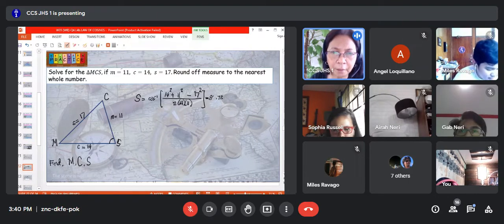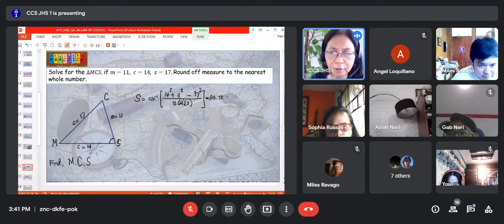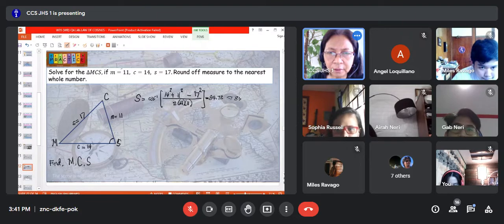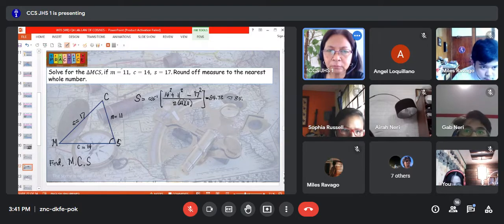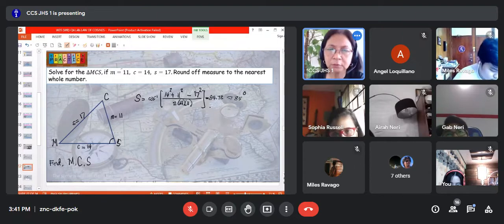Because I want to compare the values, what is the effect of rounded off or not rounded off? Equal to 85 units. You don't have a unit here. So, degrees rather. Degrees is for an angle.